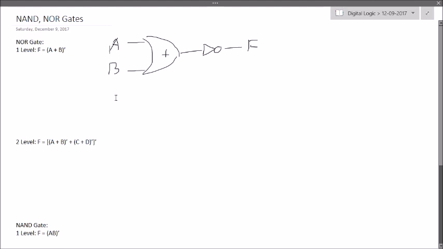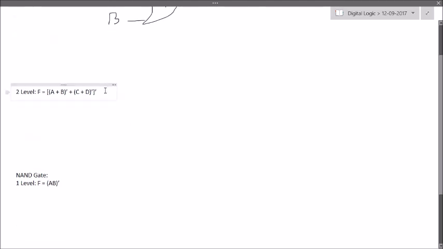Now, here's a 2-level NOR gate. It basically just means that there are 2 NOR gates inside. There's one NOR gate, followed by an outer NOR gate. So the first NOR gate should be A plus B prime. So here's the first NOR gate. Now here's the second NOR gate, C plus D prime.